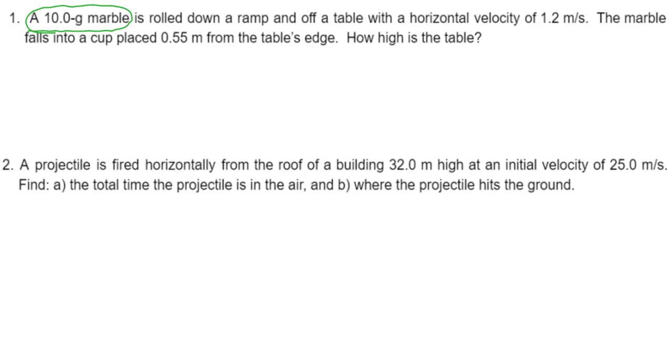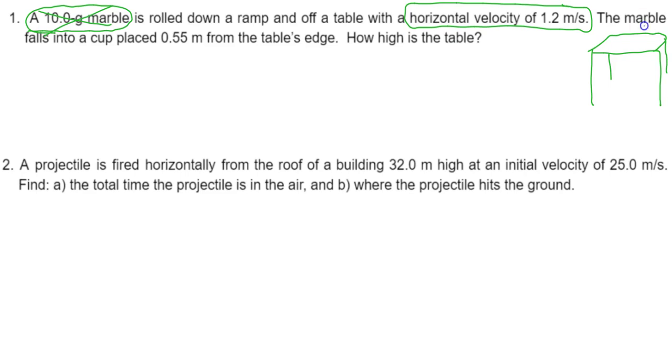So it was given a horizontal velocity of 1.2 meters per second. We don't care that it's 10 grams, it doesn't mean anything to us. All we care is that the horizontal velocity was 1.2 meters per second, which means from where it rolled off of the table. So here's my awesomely drawn table right here.